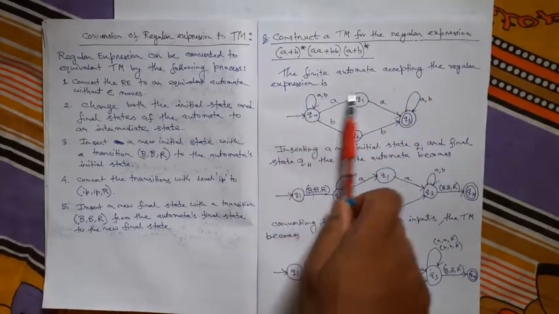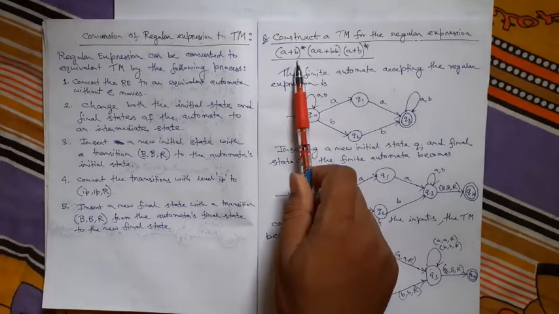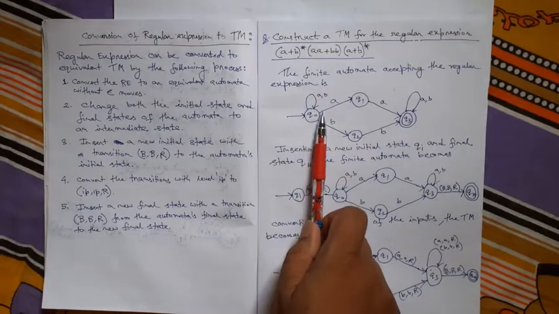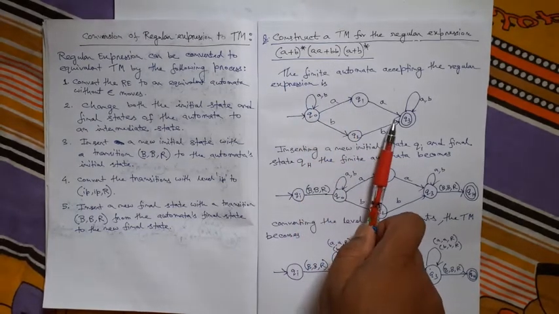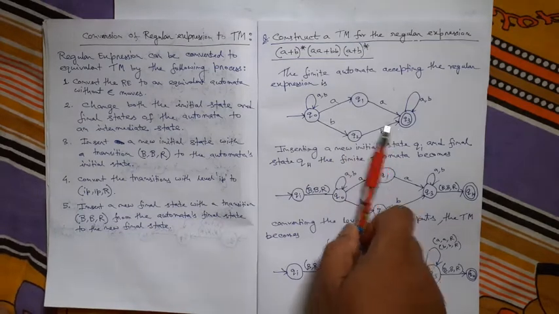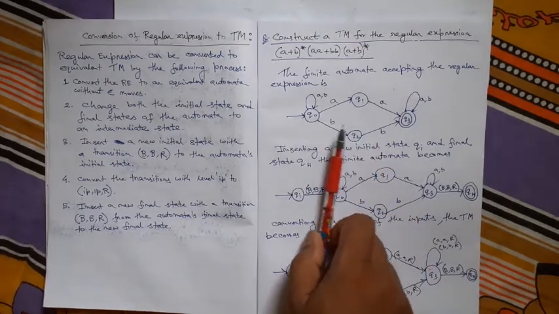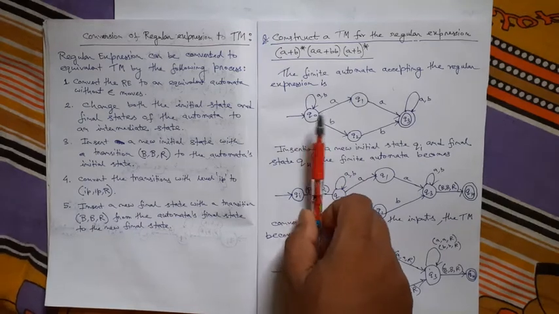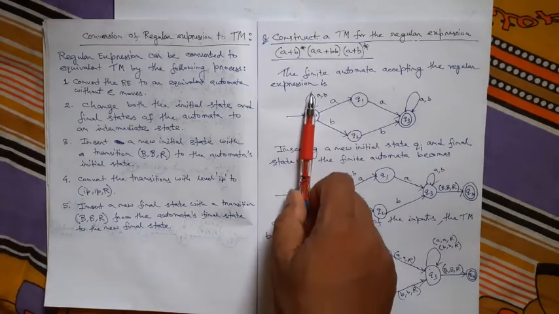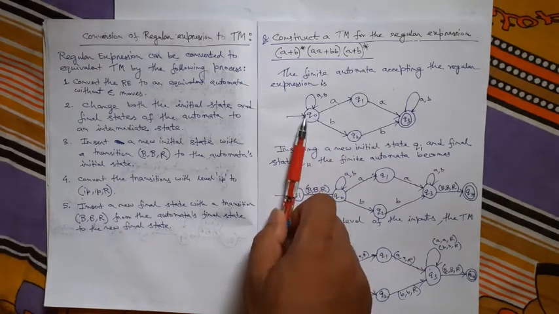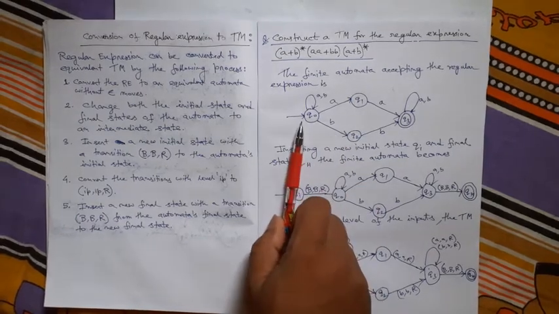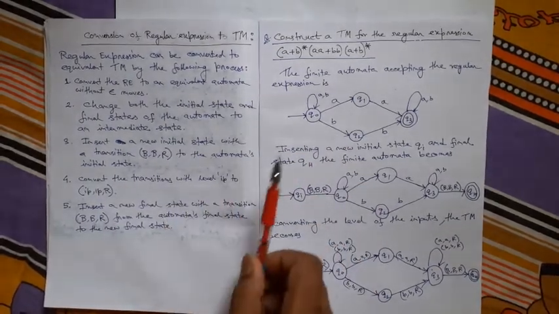This is the finite automata. You can see in Q0, (a+b)* means the AB loop is there. So this is the finite automata we have drawn without epsilon move. This is a non-deterministic finite automata because by giving A or B we can go to Q1 as well as Q2, as well as stay in Q0 also. So this is non-deterministic.